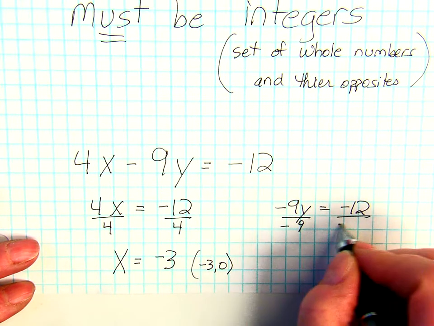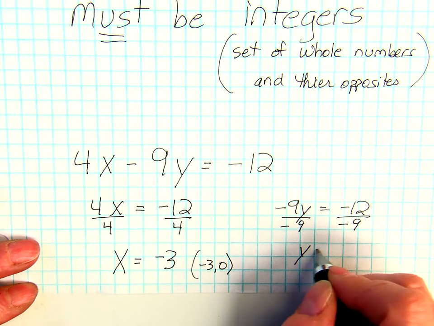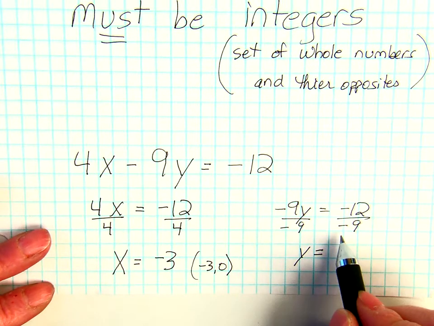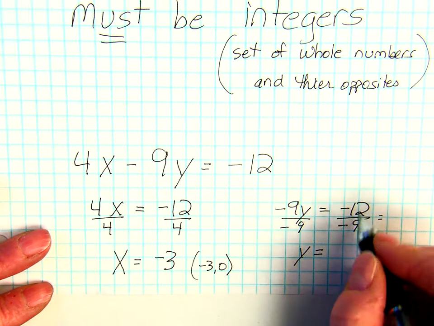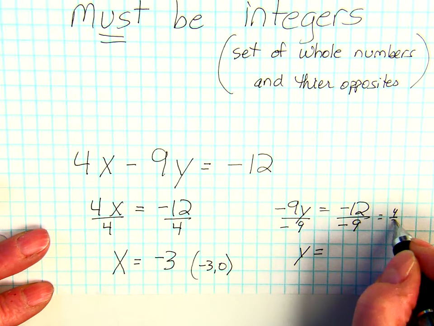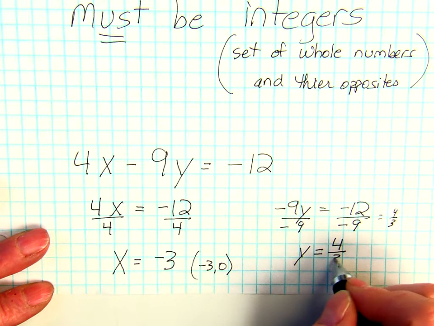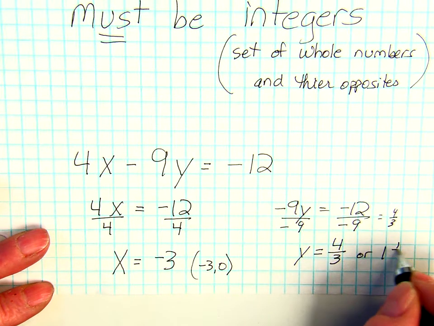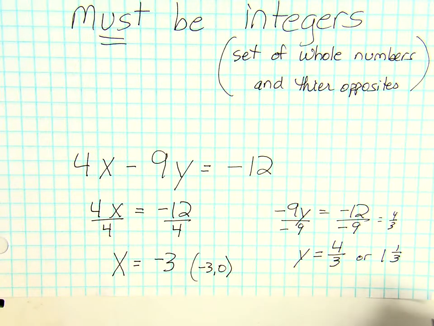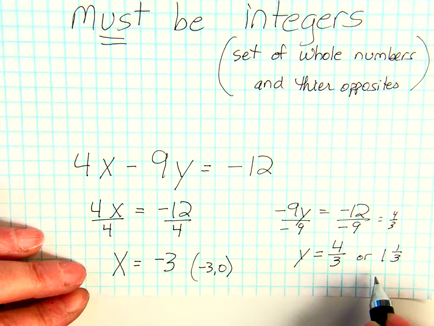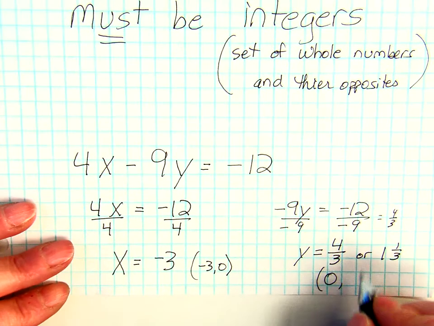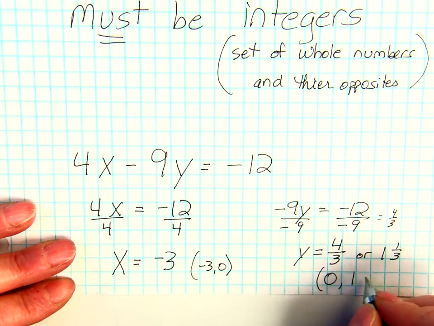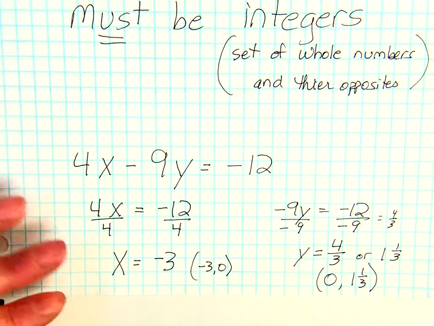Dividing by negative 9, negative divided by a negative is positive, and both are divisible by 3, so y is equal to 4 over 3, or 1 1/3. When crossing a line, it might be easier to have it as a mixed number. So my coordinates are 0, 1 1/3, or 4/3, whichever works best for you.